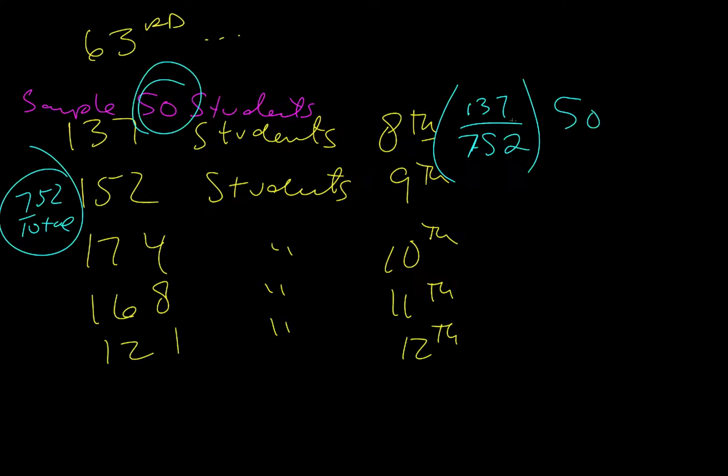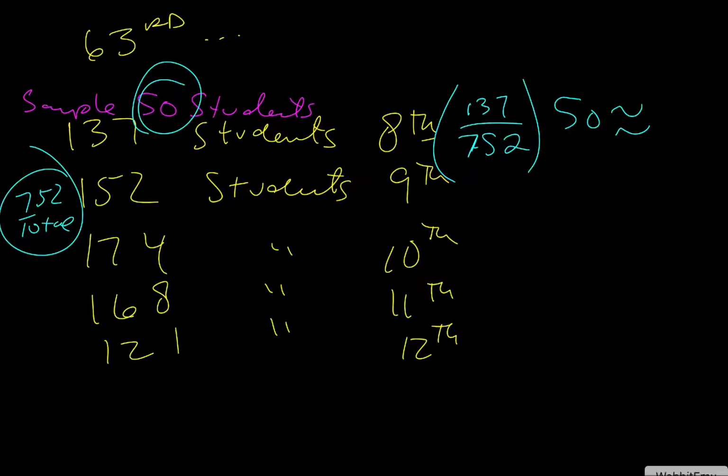This helps us find the percentage of the students. And then if we take that percentage and times it by 50, the total number of students that we want to sample, that's going to tell us how many students we need to pull from that grade.